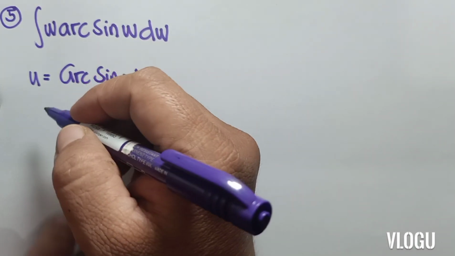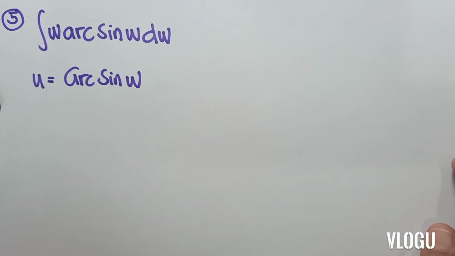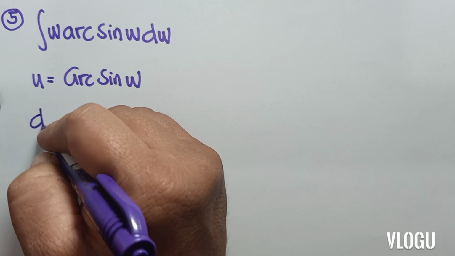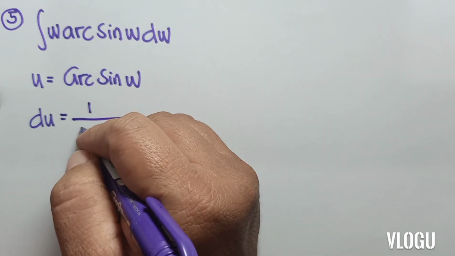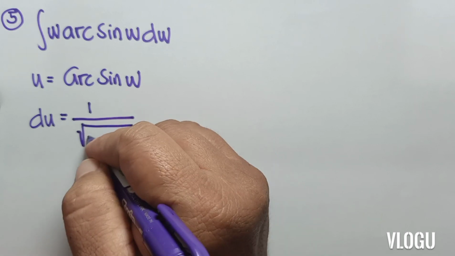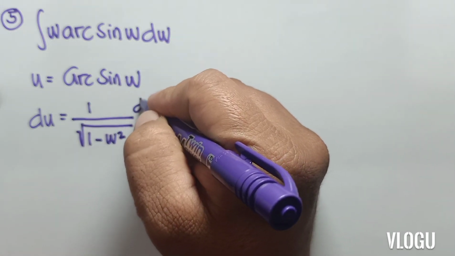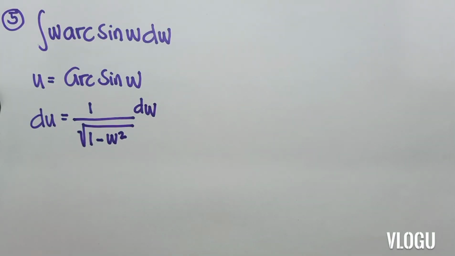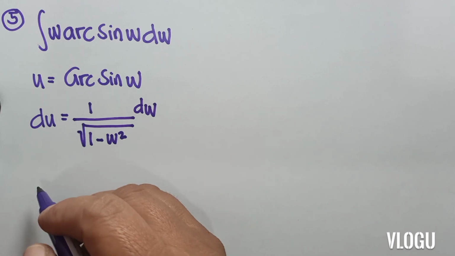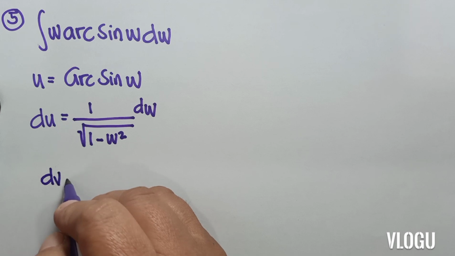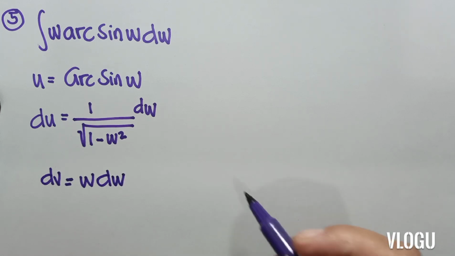So, du is equal to 1 over the square root of 1 minus w square, derivative of w. dv is equal to w dw.